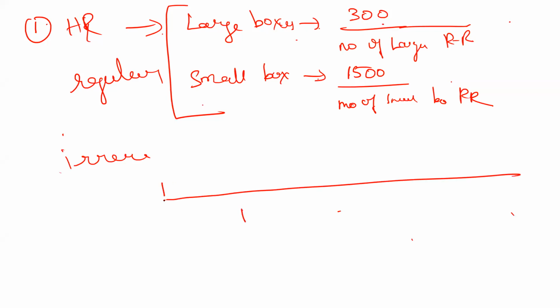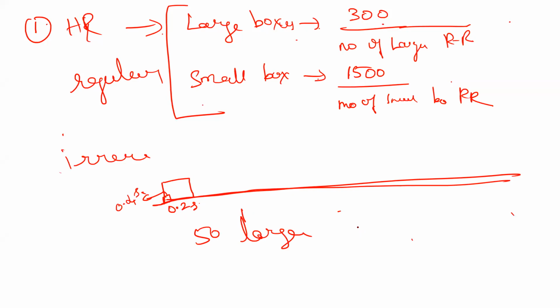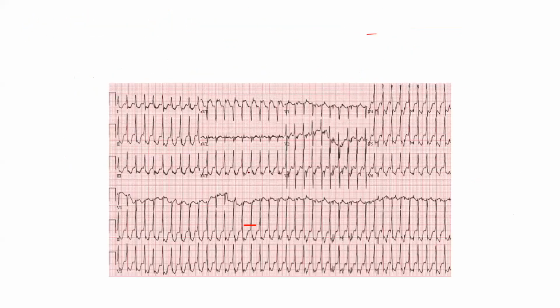You know that one big box corresponds to 0.2 seconds, and one small box will correspond to 0.04 seconds. So you have to read the ECG rhythm strip for 10 seconds, which means almost 50 large boxes.